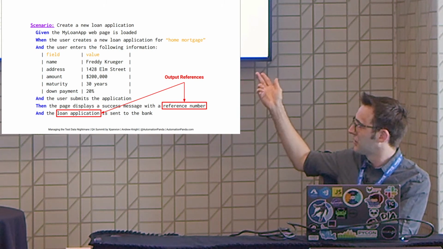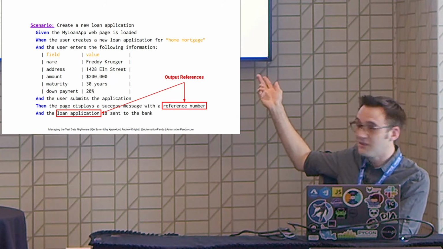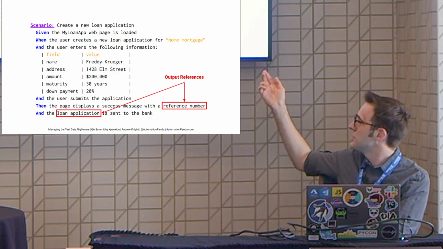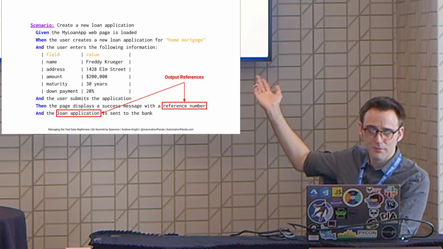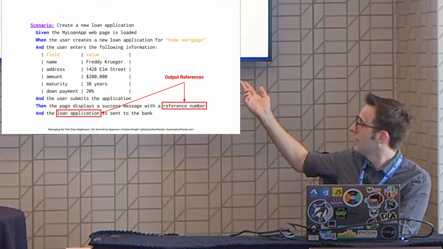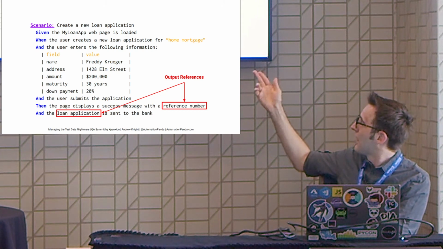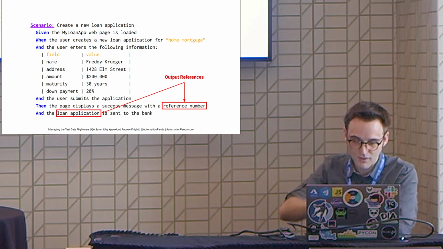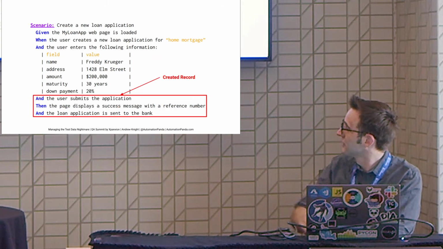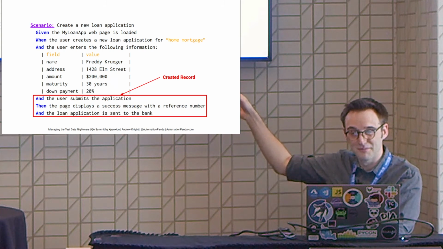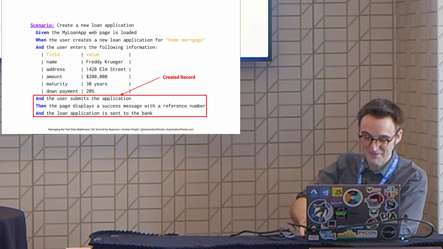And so we can't hard code what we don't know, so we refer to them by some sort of description. So we know there's going to be a reference number on a page somewhere. We know that there's going to be a loan application document sent to the bank, so we have output references to describe them. Also, as a side note, this whole application submission is an example of dynamic data prep we talked about before.